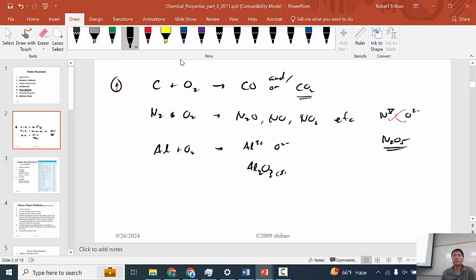These are examples of element plus element combination reactions, where we could get a mix of products or we could get just one. Let's try this one. Let's try magnesium plus sulfur. What do you expect to form? Magnesium sulfide, MgS.